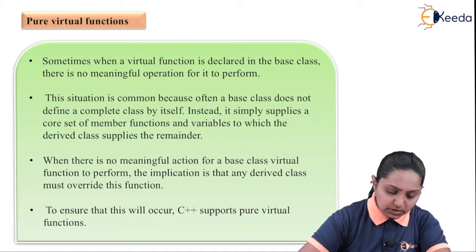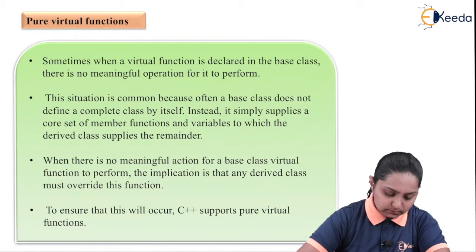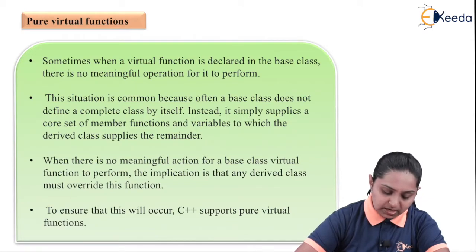Sometimes when a virtual function is declared inside the base class, there is no meaningful operation for it. This situation is common when the base class does not define a complete class by itself. Instead, it simply supplies a core set of member functions and variables to which the derived class supplies the remainder.